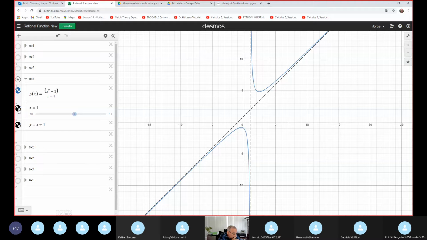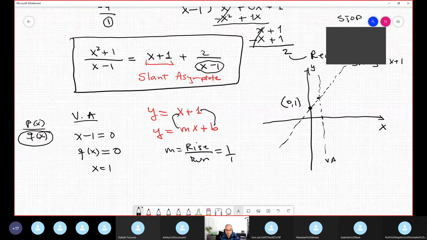Okay. So, this is a moment in which I want to summarize everything we should do to graph a rational function, step by step. We have several steps.